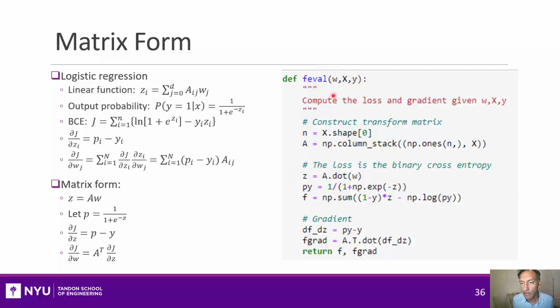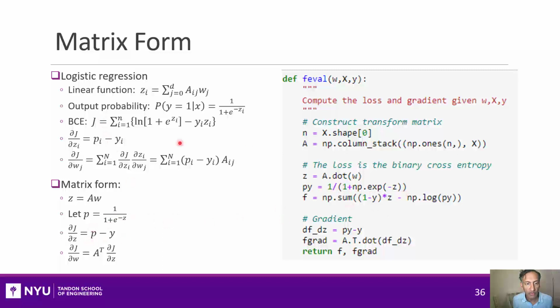So if I wanted to write my function to evaluate the gradients, it takes the parameters w, and it takes the data matrix X and the labels y, and constructs the A matrix, that has 1's in the first column. I'm going to compute z equal to A times w, then I'm going to compute this vector 1 over 1 plus e to the minus z.